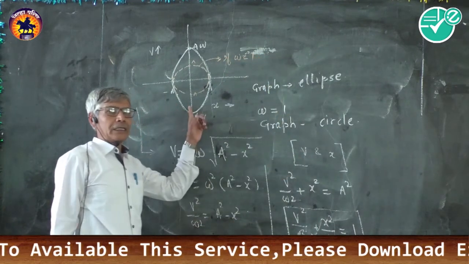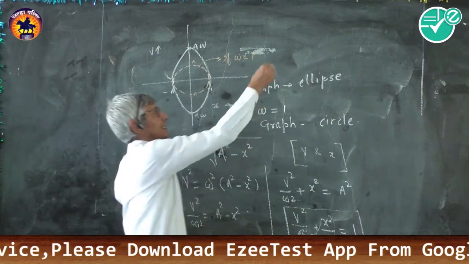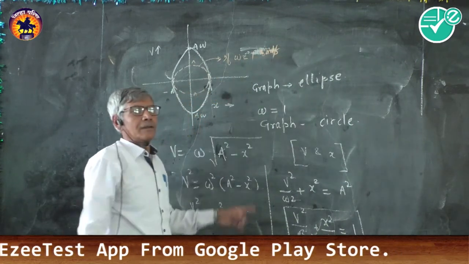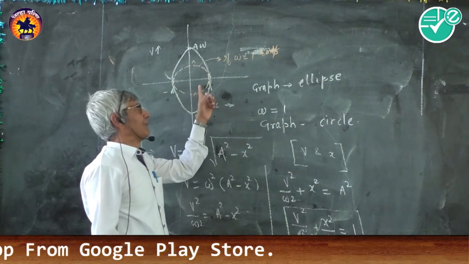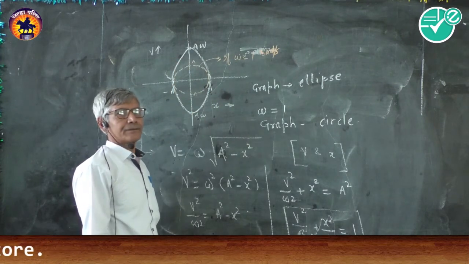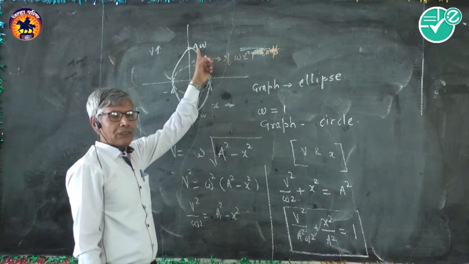So for a particle performing linear simple harmonic motion with unit angular frequency, the graph showing variation of the velocity with respect to displacement will be a circle. For any other value of omega, the graph will be an elliptical graph.